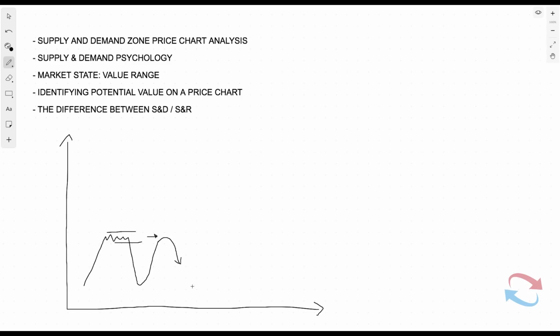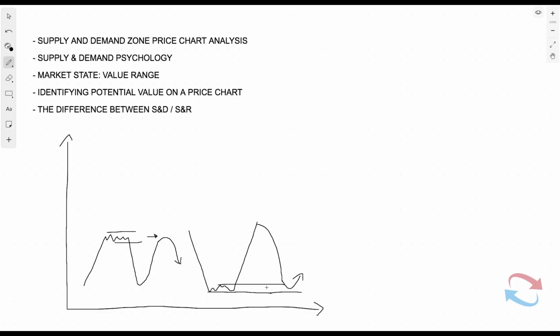And then the same thing is the opposite, where you've got drop, base, and rally, right? There's an imbalance in supply and demand, there's more demand coming into the market. If the market does ever come back down into this base area where demand exceeded supply, traders will trade that area, right?